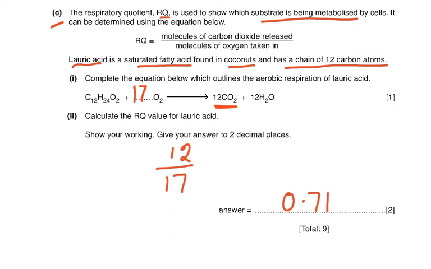C12H24O2 plus 17 O2, because we have 12 carbons and 24 hydrogens, and 12 and 2 gives 14 oxygens, so 17 left. Calculate the RQ value. CO2 is 12 and O2 is 17, so 12 over 17, which is equal to 0.71, and that should have got you the 2 marks.